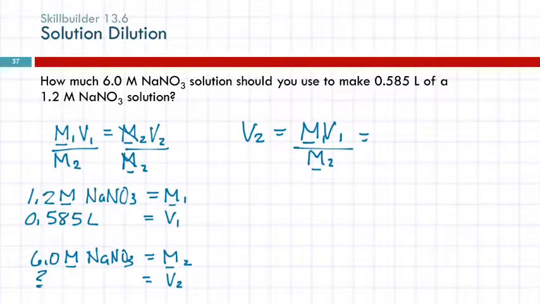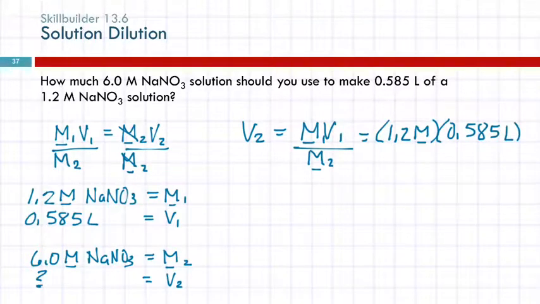So I've got 1.2 molar up there and 0.585 liters divided by the molarity of the second solution, 6.0. The capital M's cancel out.